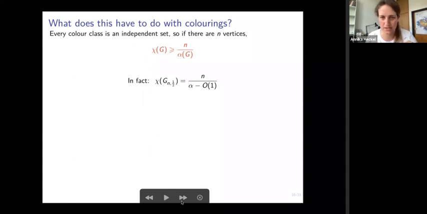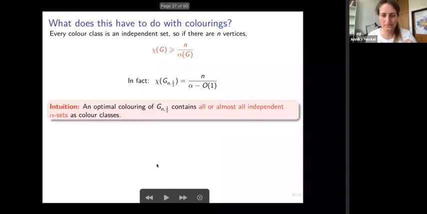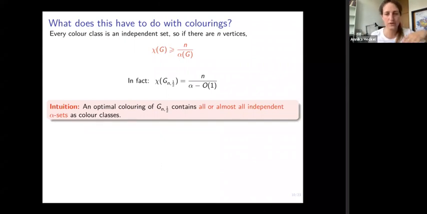It varies with n slightly. So this means that we can color G(n,1/2) so that the average color class is only a constant below the maximum any color class might possibly have. So we're able to color G(n,1/2) with independence number minus 3, independence number minus 4 sets on average.